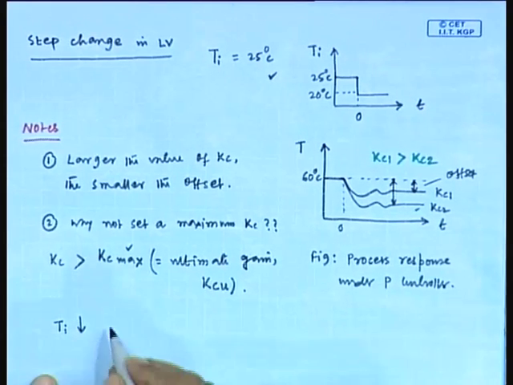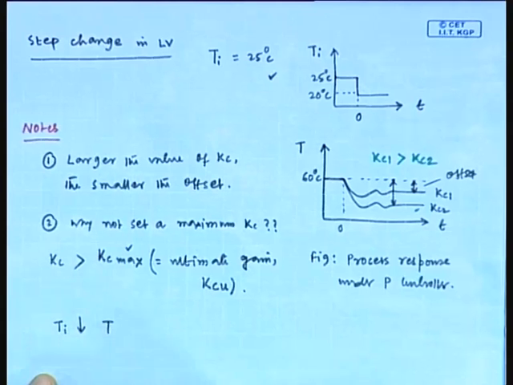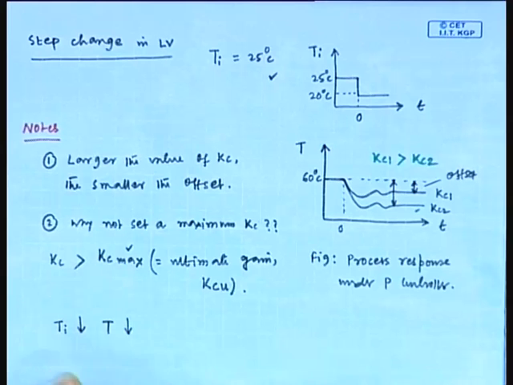If Ti is decreased, the temperature of the liquid in the tank also decreases. Agree? Fine. Then what is required of the controller to keep the temperature at 60 degrees Celsius? The controller needs to increase the steam flow rate.